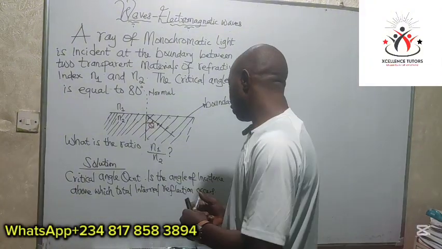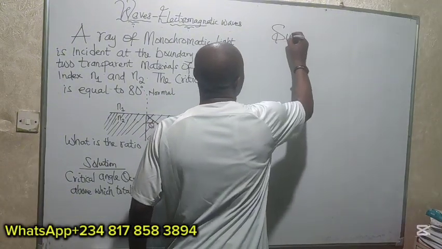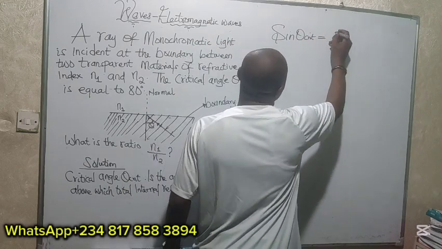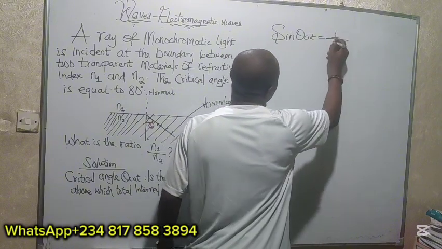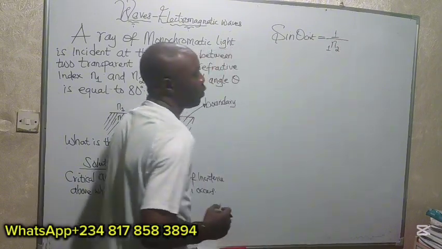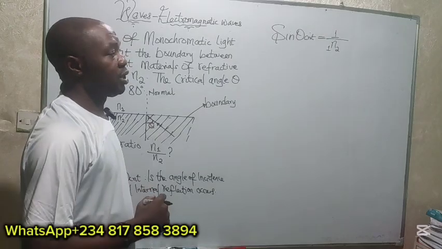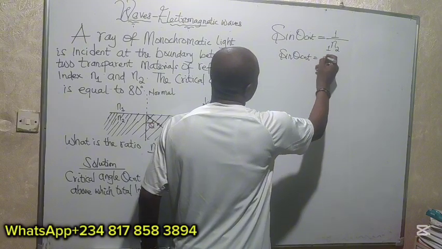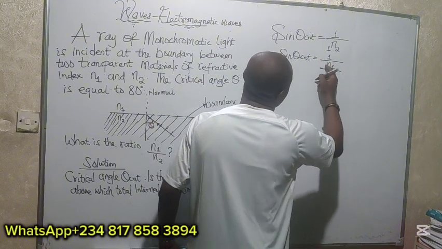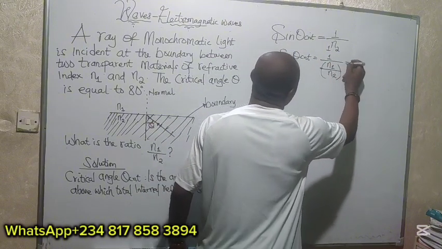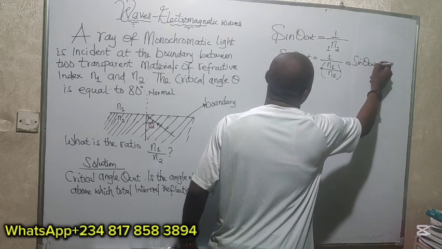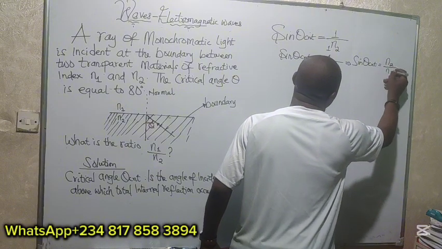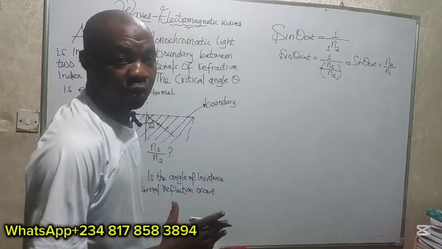For critical angle, the sine of the critical angle equals 1 over the absolute refractive index of medium 1 with respect to medium 2. We can rewrite this as the sine of the critical angle equals 1 over N1 over N2, so the sine of the critical angle is the ratio N2 divided by N1.